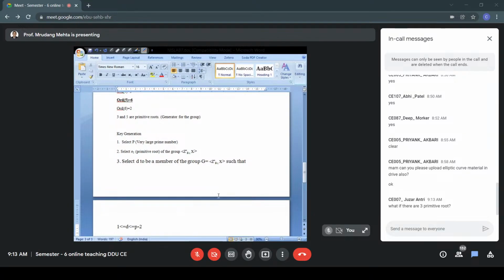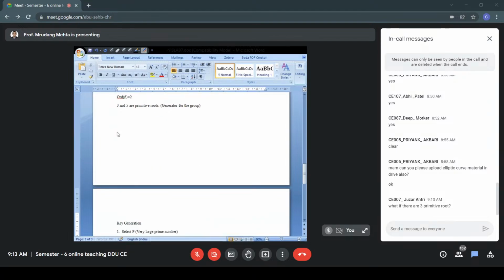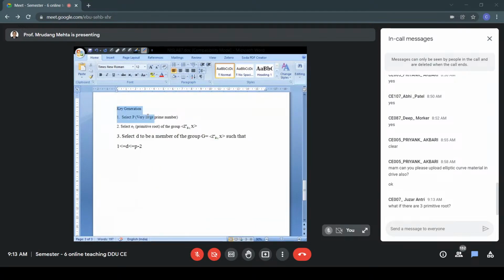In our example, P is 7. So between 1 and 5, you should avoid boundary elements like 1 and 5. So 2, 3, 4 you can take for the value of D.